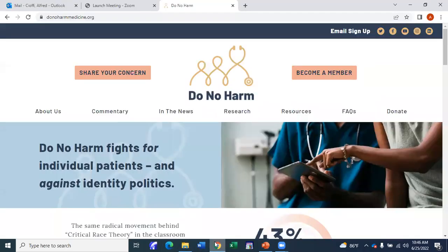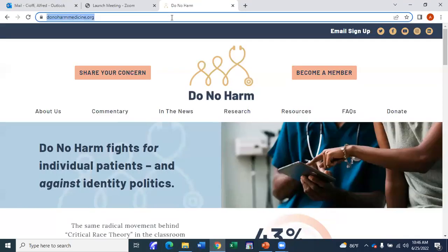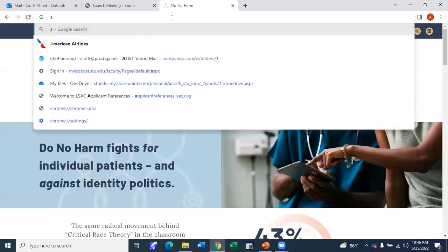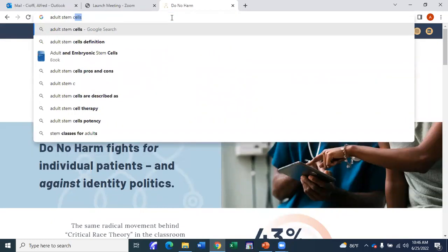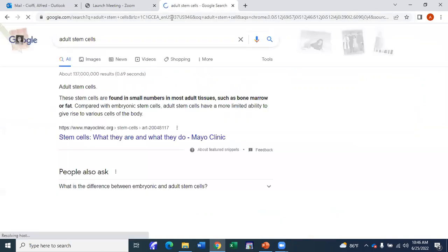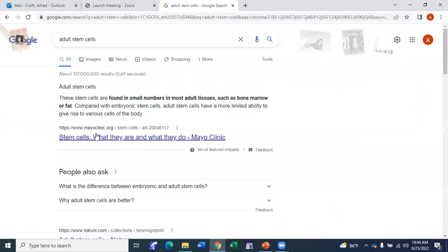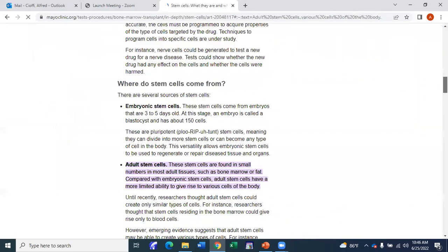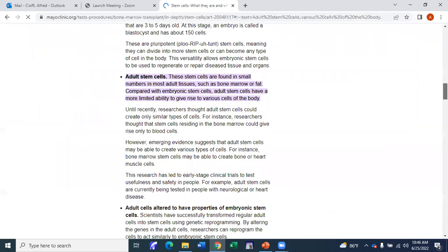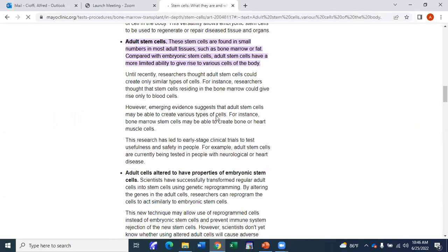But I mean, it doesn't depend on them. We can just punch in adult stem cell research. Okay, so here's from Mayo Clinic. Just looking at it from the first set, only recently researchers thought adult stem cells could create only similar types.